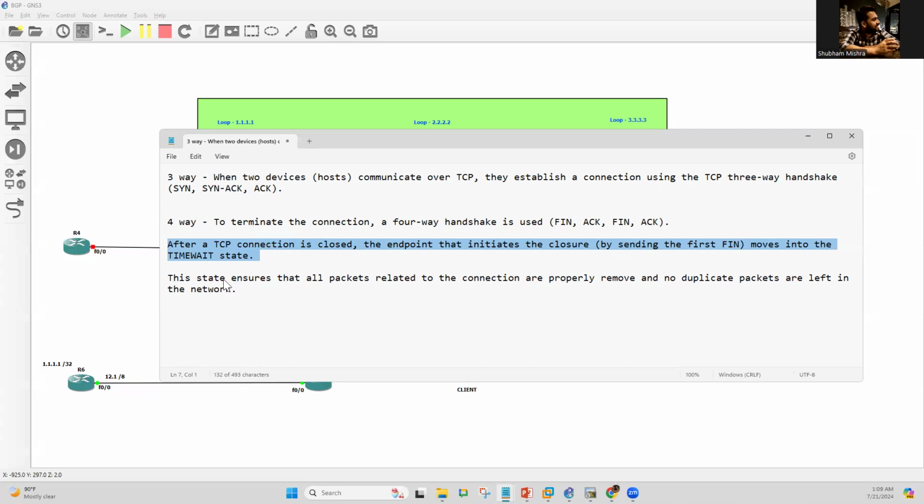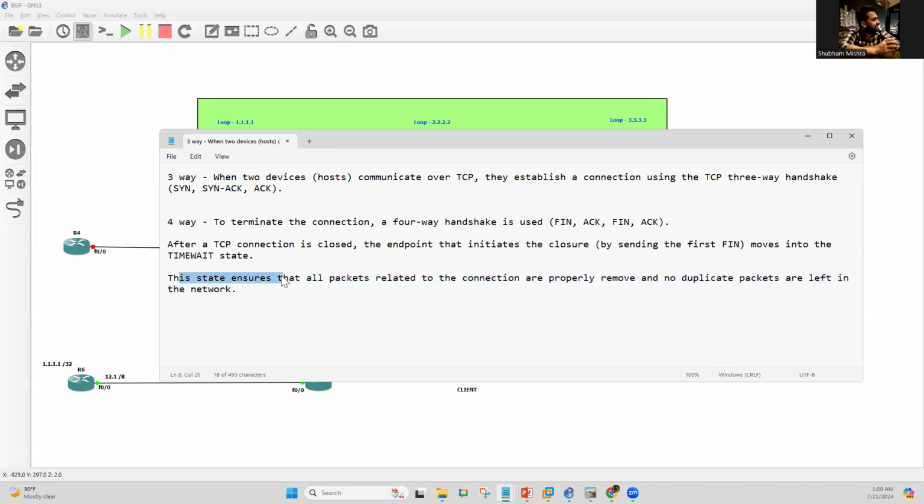Now maybe your interviewer will ask you why a router or any device moves the port into time wait state. What will be your answer?